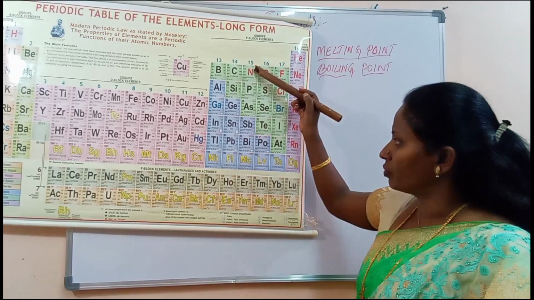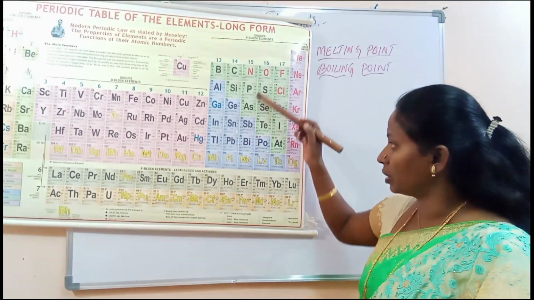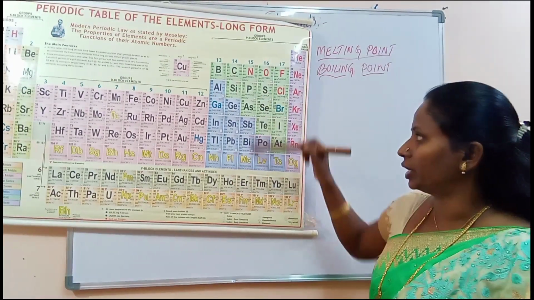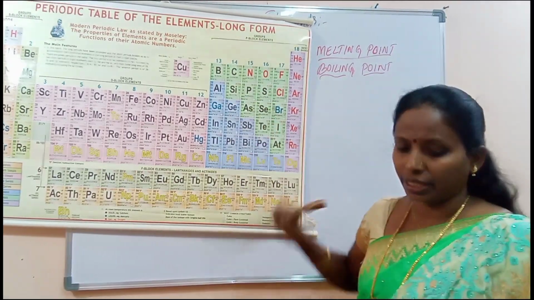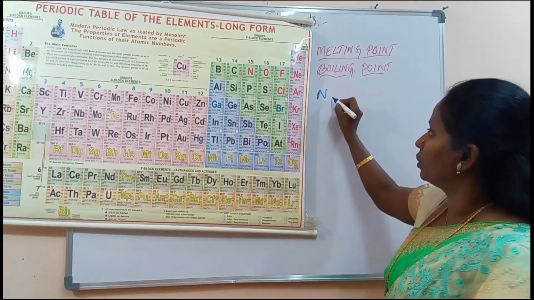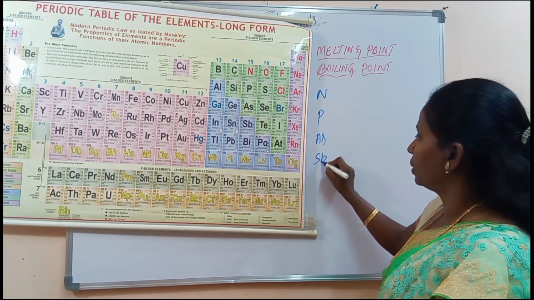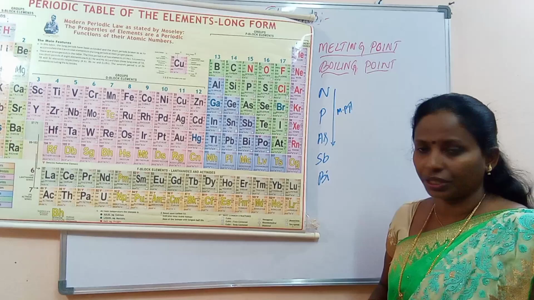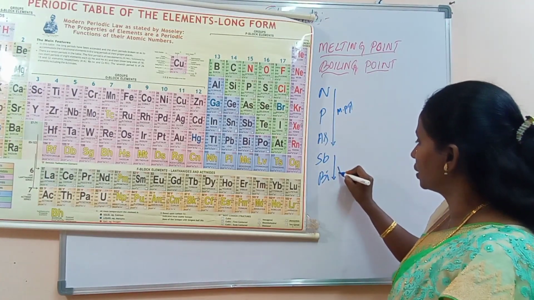Look here, as we go down the group, the atomic mass increases and the metallic character also increases. The melting point of 15th group elements should increase, but here it increases only from nitrogen to arsenic. The melting point increases from nitrogen, phosphorus, to arsenic, but from here onwards it decreases.